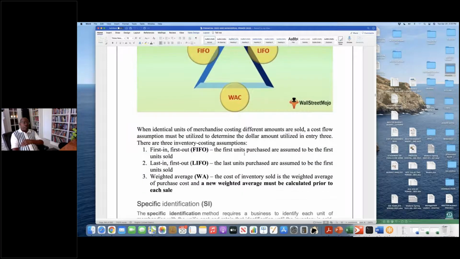So as I indicated, when you have identical items and they're coming in at different costs and you're not selling them all, you've got to make an assumption. And we're just working with FIFO today and on the quiz for next time.